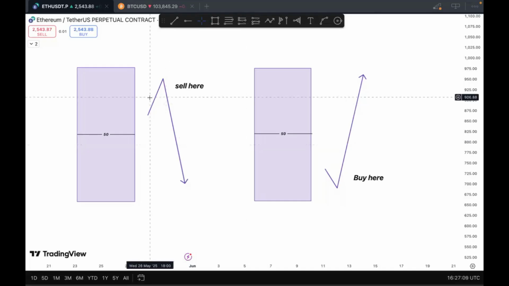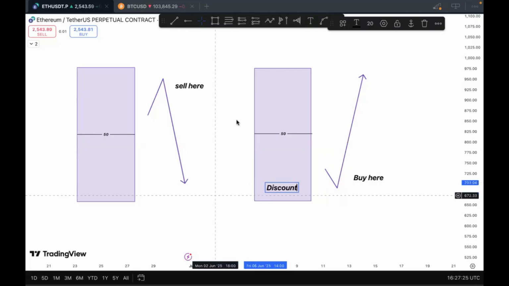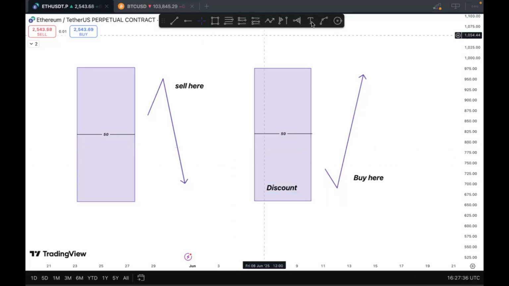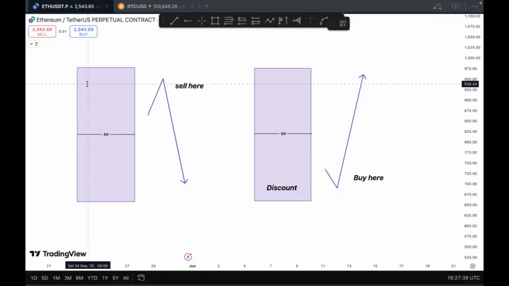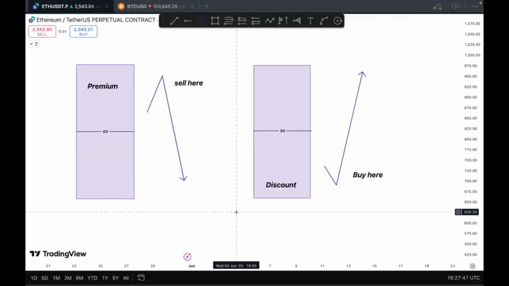So again, as I said, you sell where? Here at the premium zone. And you buy here. So I'm just going to write discount here, and then I'm going to write the premium here.